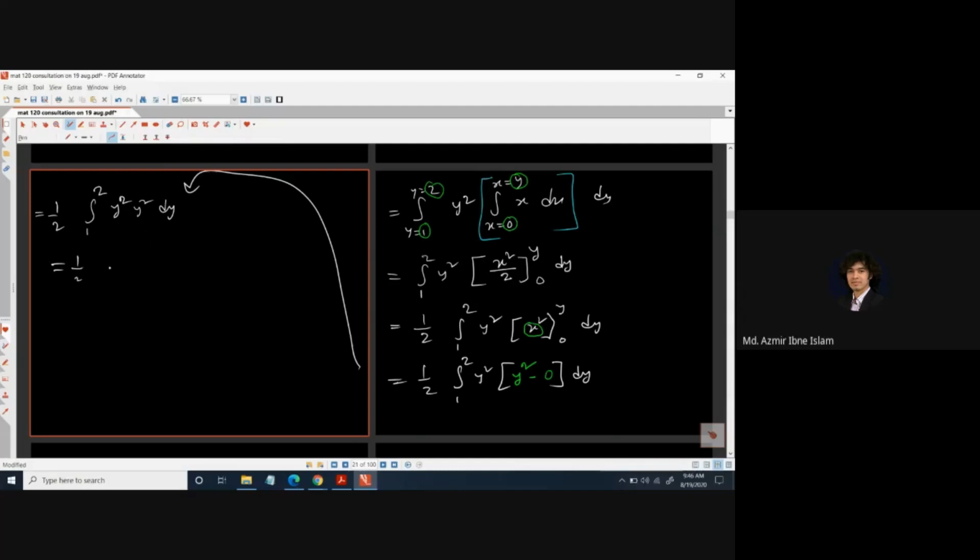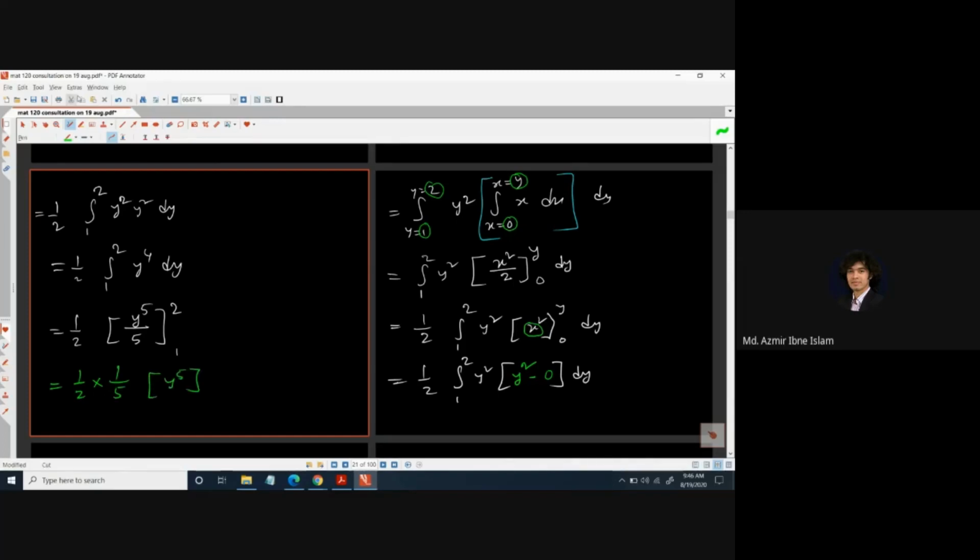So actually we have integration of y to the power 4, y to the power 4 dy. So 1 by 2, integration of y power 4 will be y power 5 over 5, upper limit 2, lower limit 1. For simplicity, we can bring 1 by 5 before so that the antiderivative looks simple and we can easily calculate.